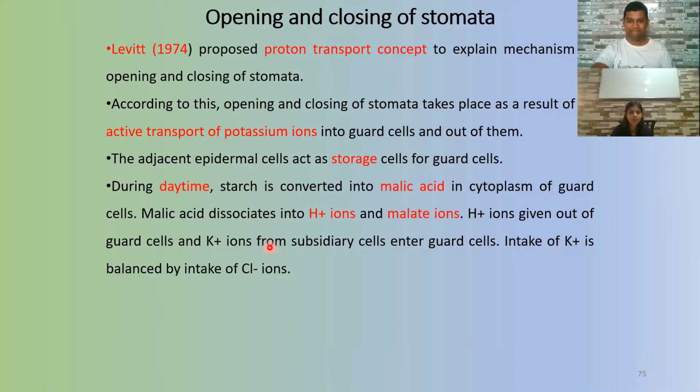K plus ions guard cells के अंदर आएंगे because the H plus is gone out. अब K plus अंदर आएगा तो पॉजिटिव आयंस है, उसको बैलेंस करने के लिए there will be intake of chloride ions also, Cl minus.